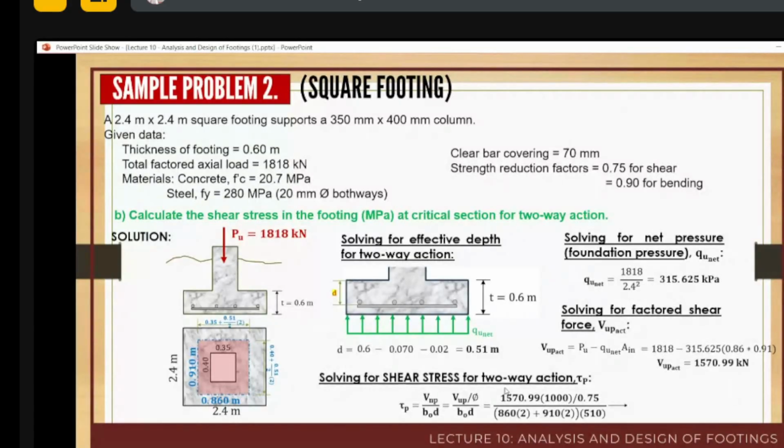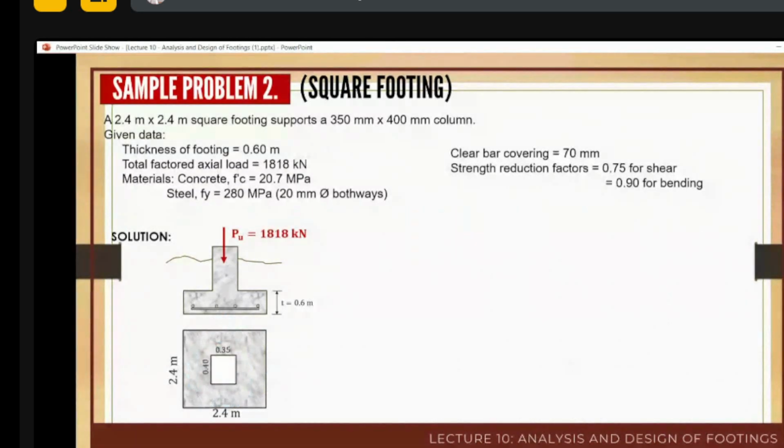Again, multiply nimo ang 1599.099 times 1,000 divided by 0.75. So you'll have the punching shear or shear stress for two-way action is 1.16. No? So we solved already.